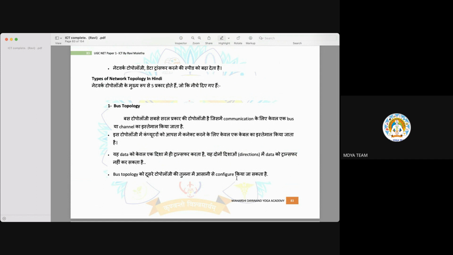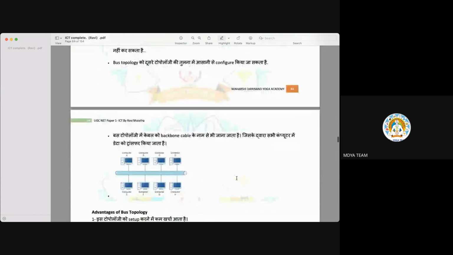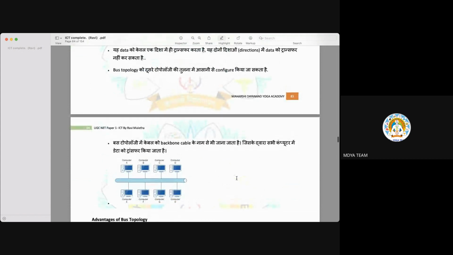Here the bus means a single cable, a single connection through which the various computers are connected. This is the picture. There are various computers A, B, C, D, E, F. They are connected through a single main cable.